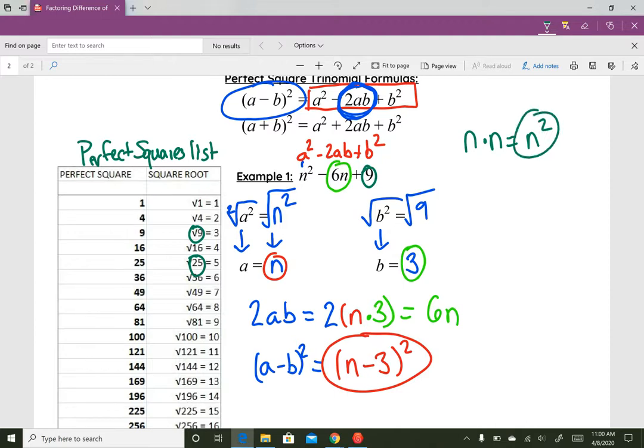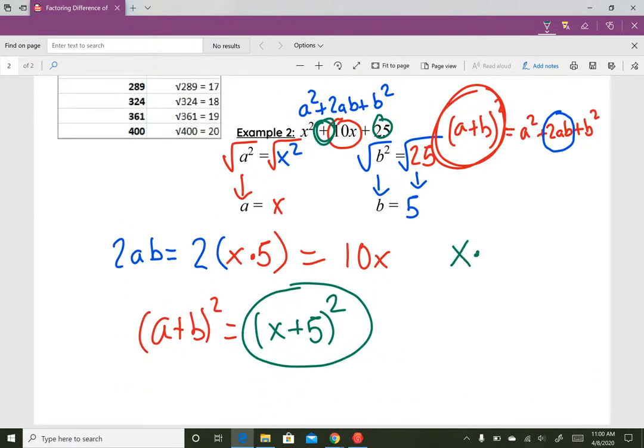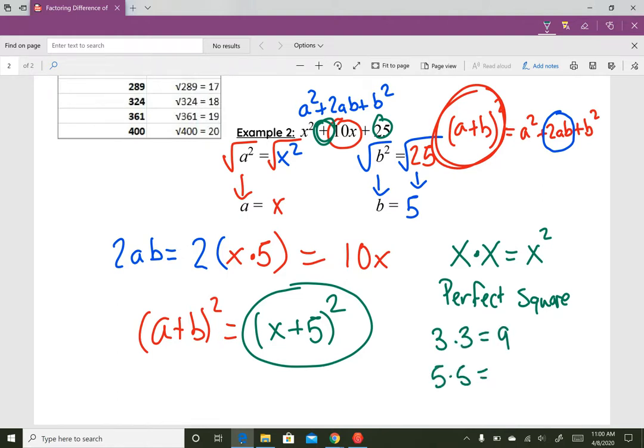That's a perfect square. Down here, x times x, I'm multiplying the same thing by itself, and I'm getting x squared. This is also a perfect square, no different than when I do 3 times 3 and it gives me 9, or 5 times 5 and it gives me 25.